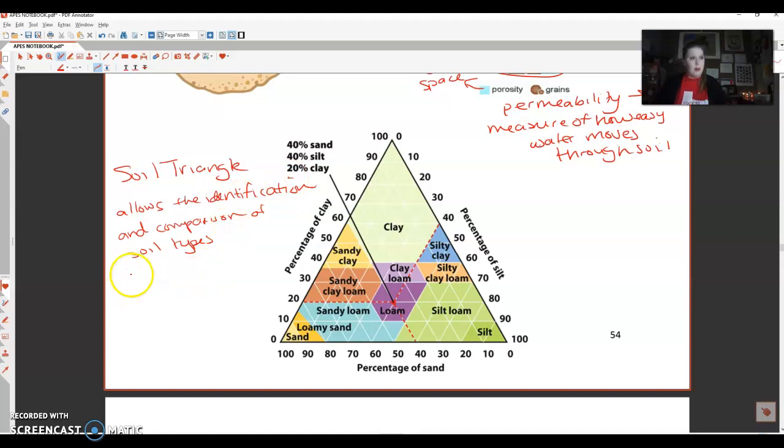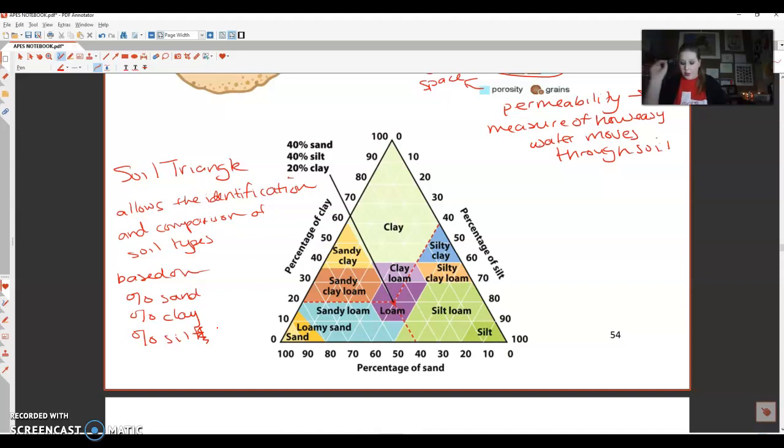And this is going to be based on those three soil particles. So it's based on the percentage of sand, the percentage of clay, and the percentage of silt.